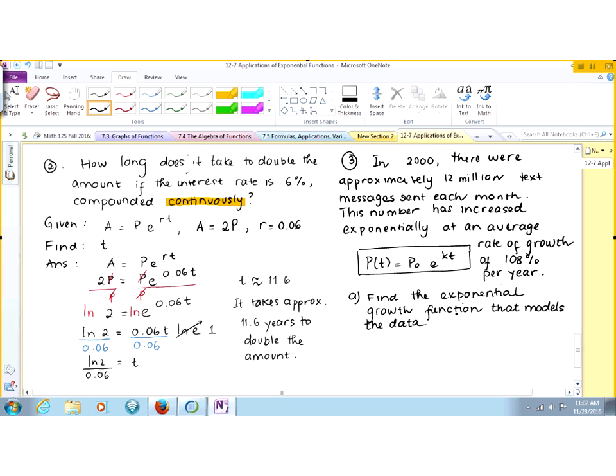Right? Okay. And B, estimate the number of text messages sent each month in 2009.